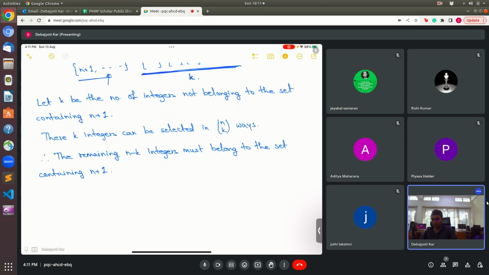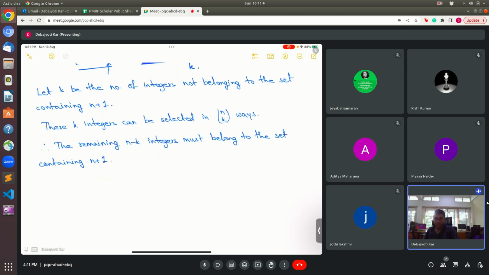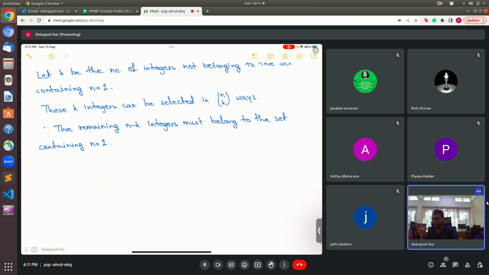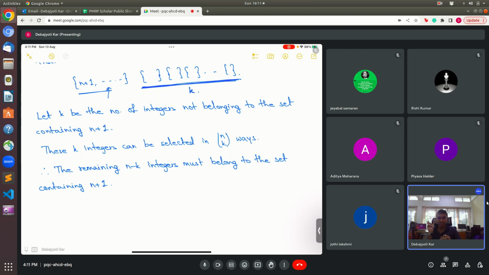What we have done essentially is we have already fixed that particular set which contains n plus 1. Why? Because that set is going to contain n plus 1 and the remaining n minus k numbers. So that partition is fixed.